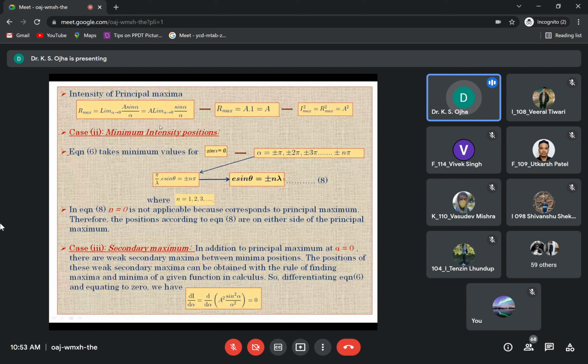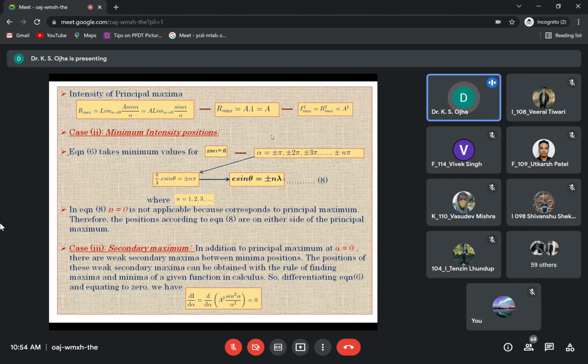So the maximum amplitude will be equal to A, and the intensity, this is I, not I square, I maximum, representing the intensity of the principal maxima, is equal to A square. A is the resultant amplitude of the waves.